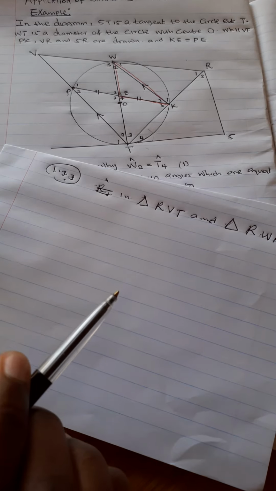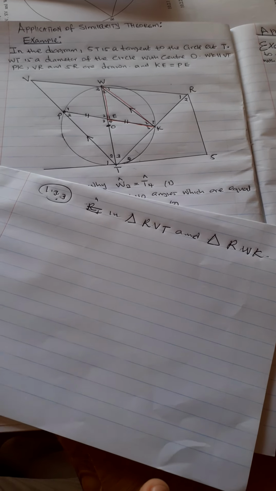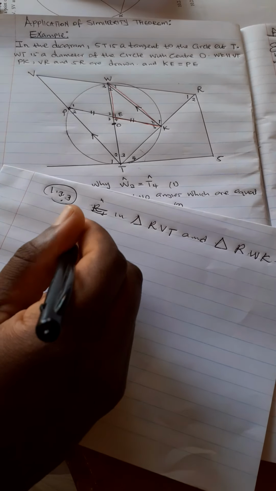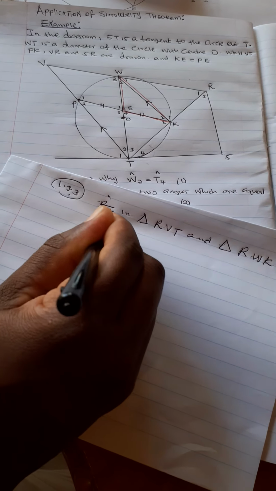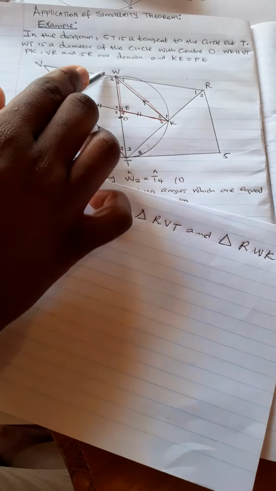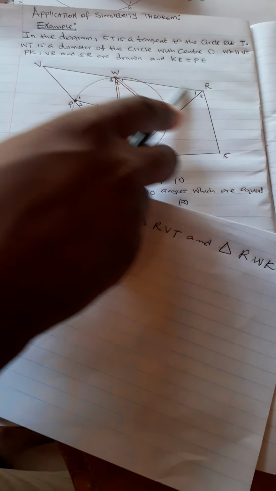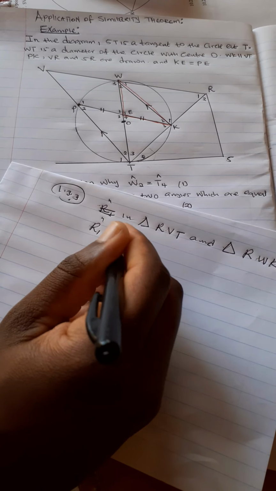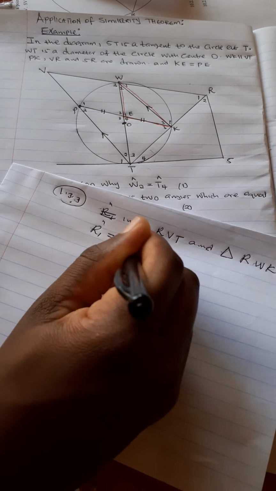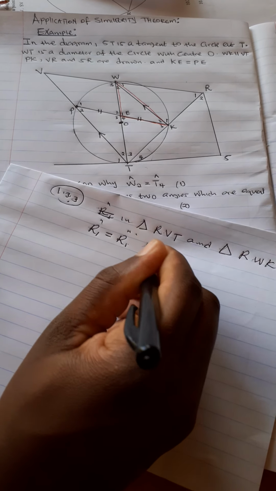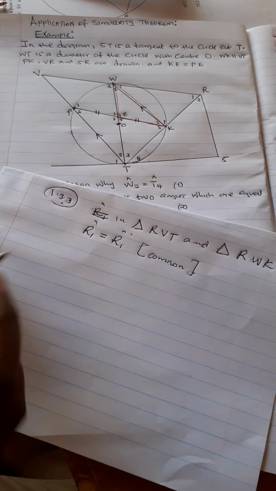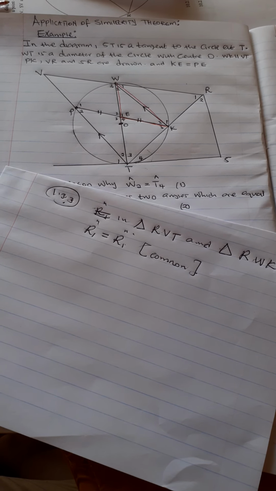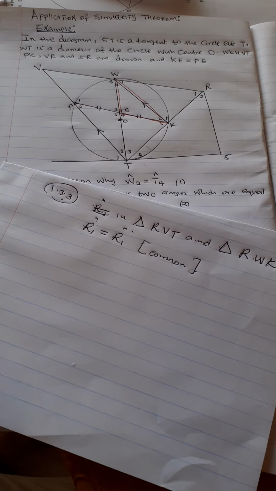Let's first check the angles that are equal. In this first triangle, we have R1. R1 is found in this RVT, and it's also found in the other one. In other words, R1 is common.